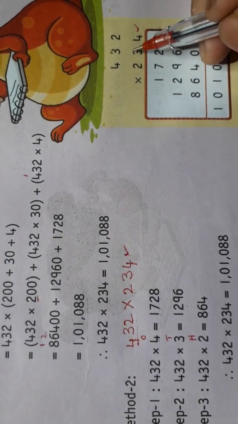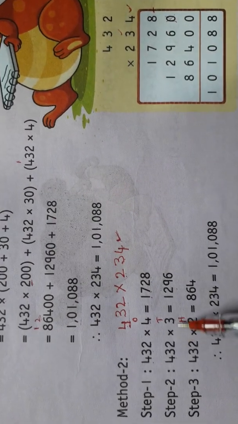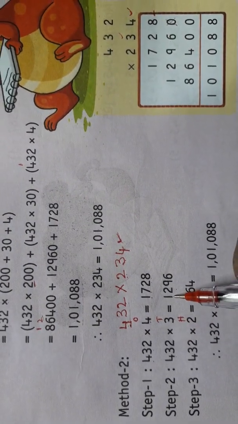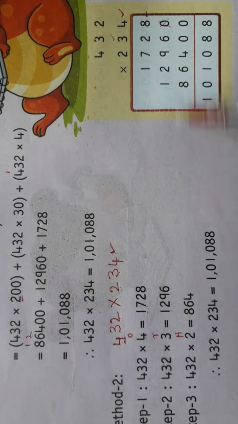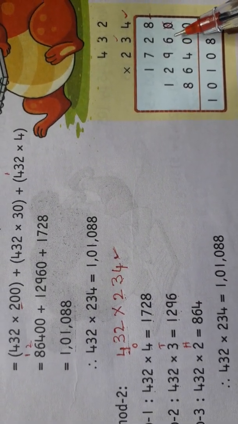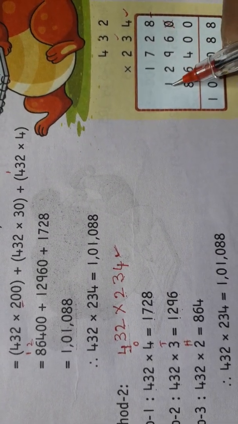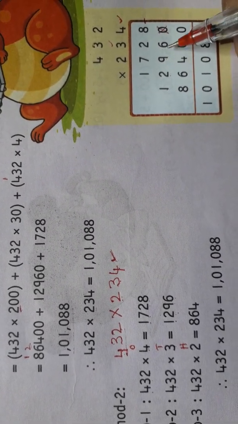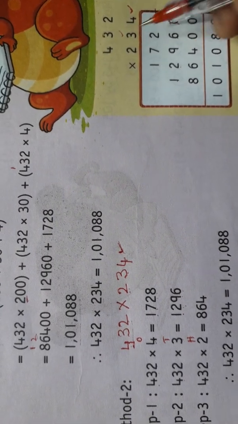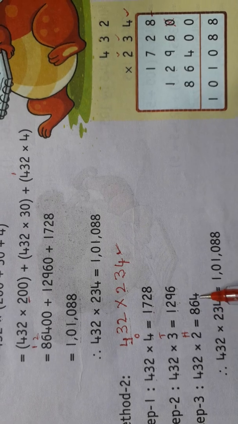Then we want the answer of multiplication of 3. What is with 3? 1296. So after keeping x, write the numbers. So 1296. Then we want the answer of 2. What is with 2? 864.